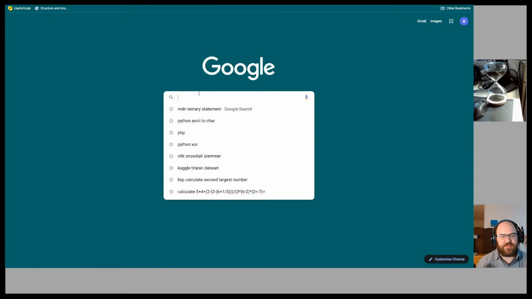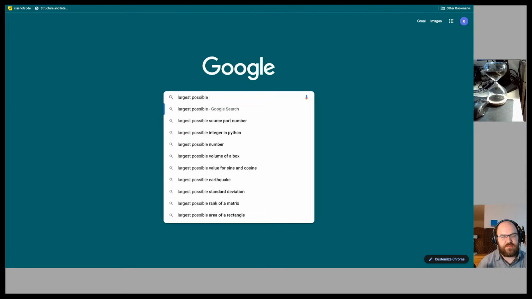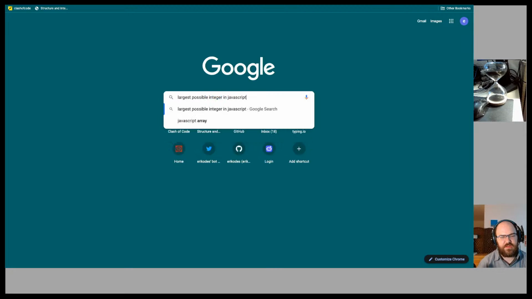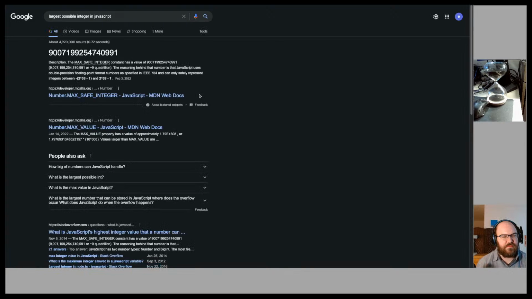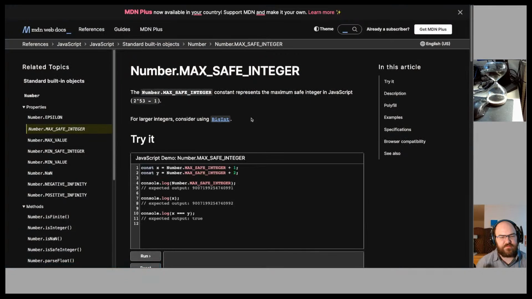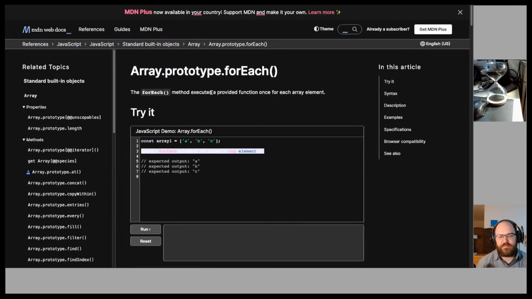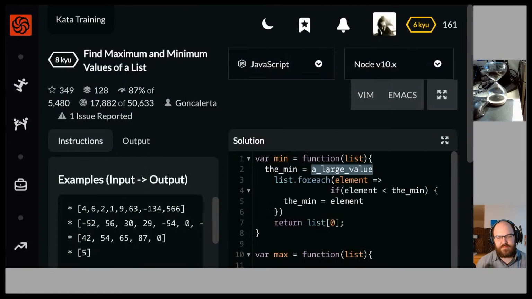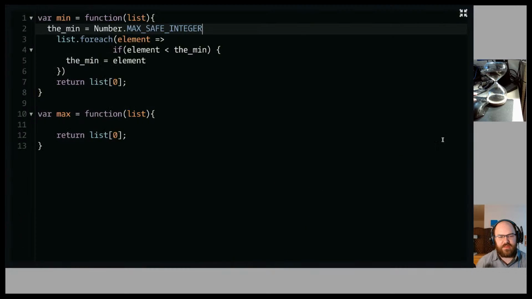So what's the largest possible integer in JavaScript? Oh, there's a max safe integer constant. Neat, I'll just use that. Again, it's a little funny to start with a maximum number when we're calculating a minimum, but the logic does work out, I think.